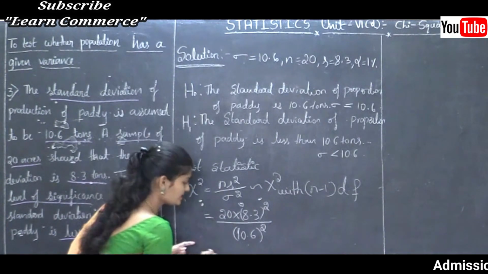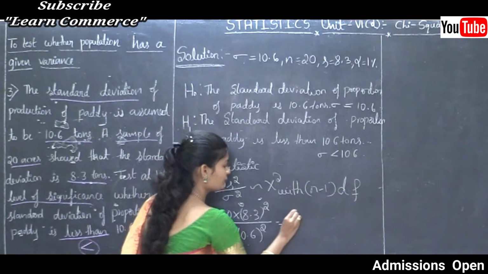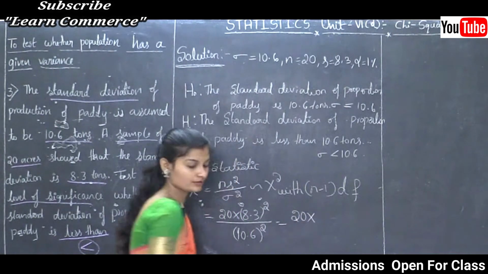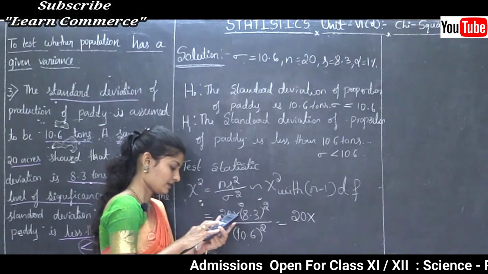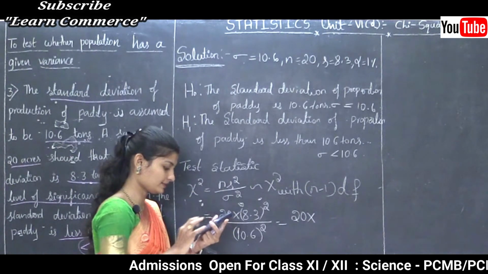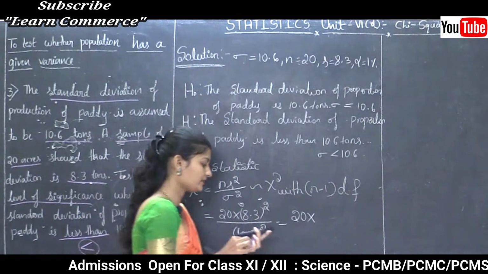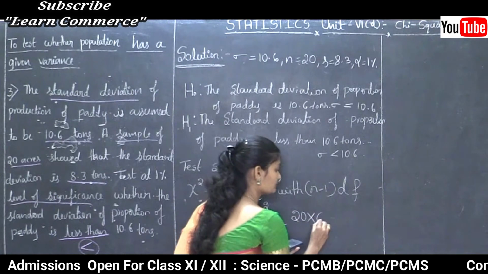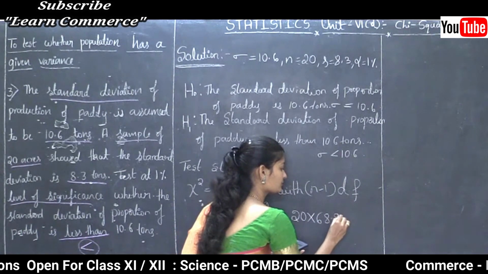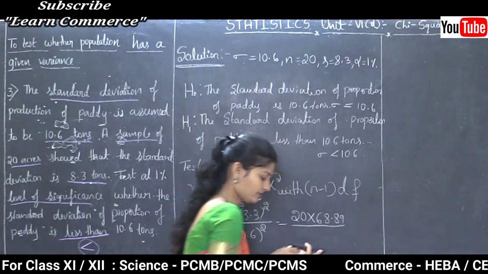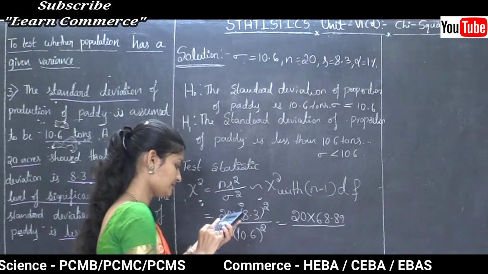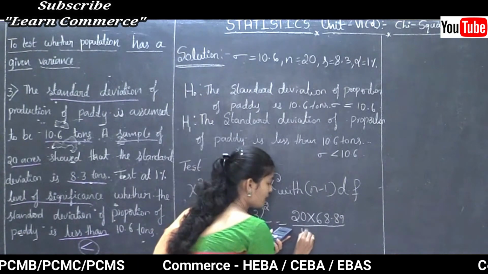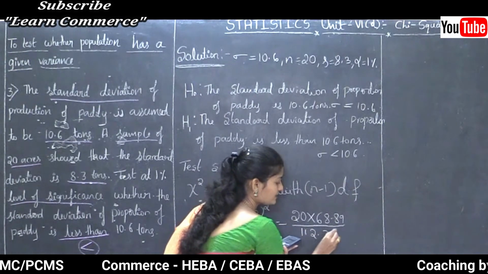This is equal to 20 into 8.3 square, which is 68.89, divided by 10.6 square, which is 112.36.